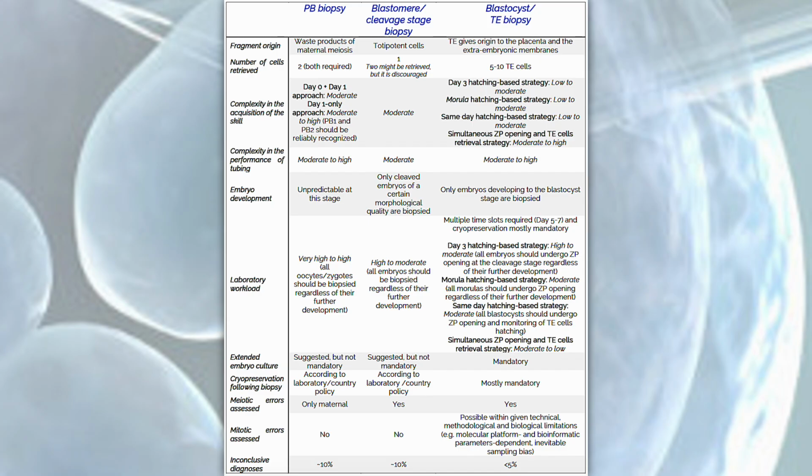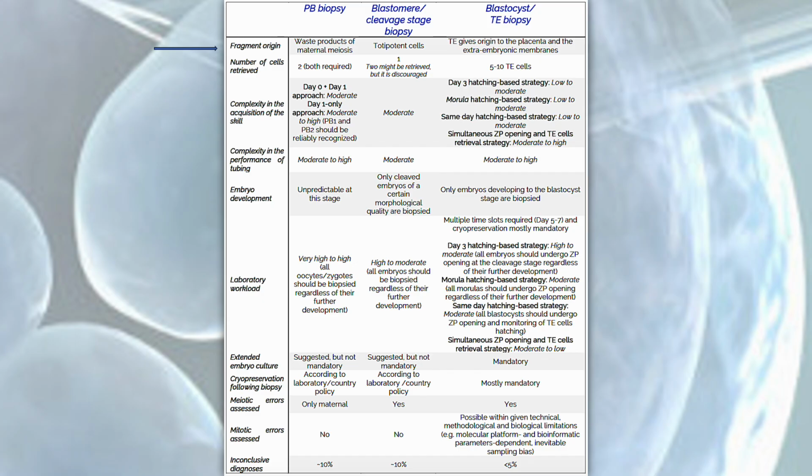So here in this slide, the 3 procedures have been compared. We can see the fragment origin. The polar bodies, which we all know are waste products of maternal meiosis, while the blastomere or cleavage stage biopsy cells are the totipotent cells, while in the blastocyst or trophoectoderm biopsy, the trophoectoderm gives origin to the placenta and extraembryonic membranes.